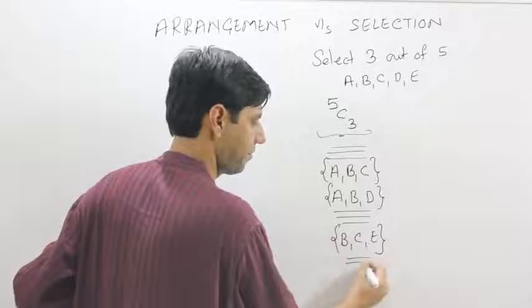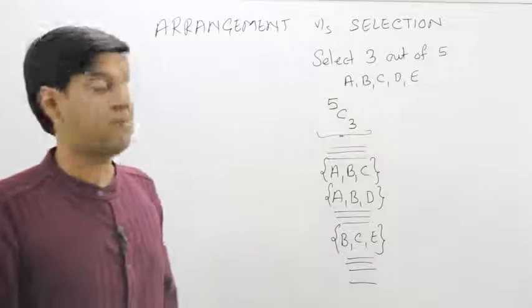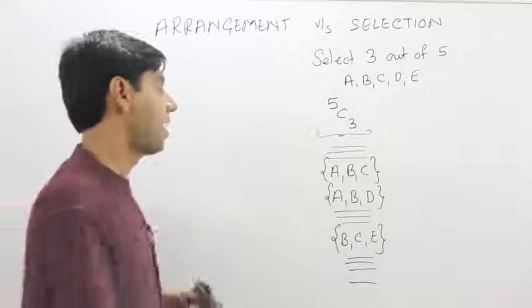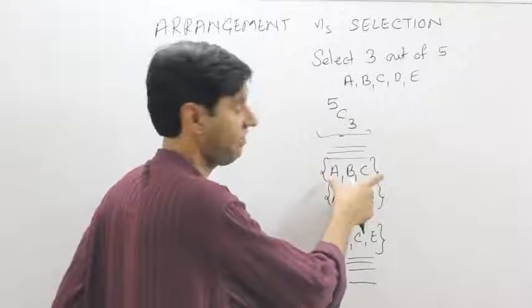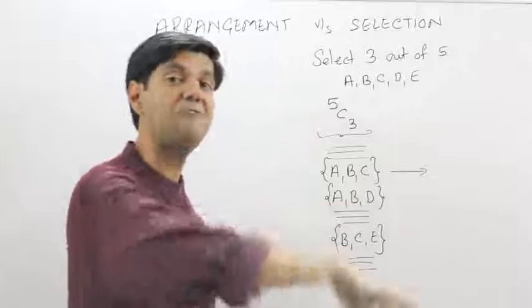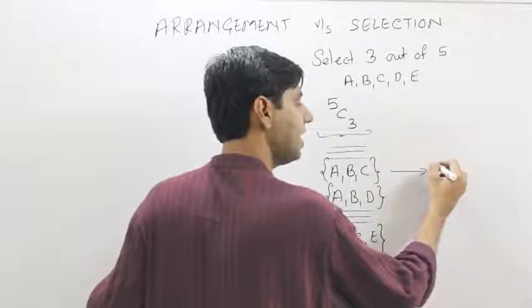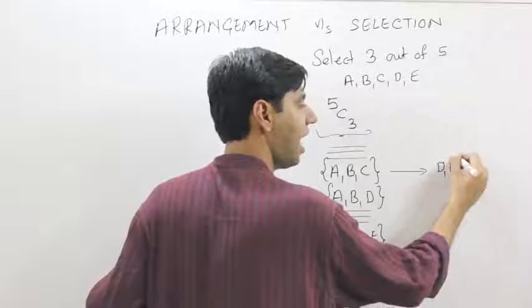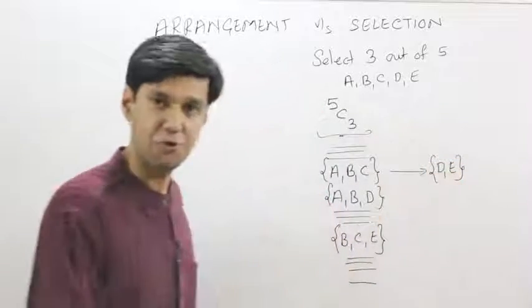The property that I'm trying to highlight here is, if I have made a selection of A, B and C, who are the people who are left over? Could I say A, B, C are selected and hence D and E are not selected or are leftovers?